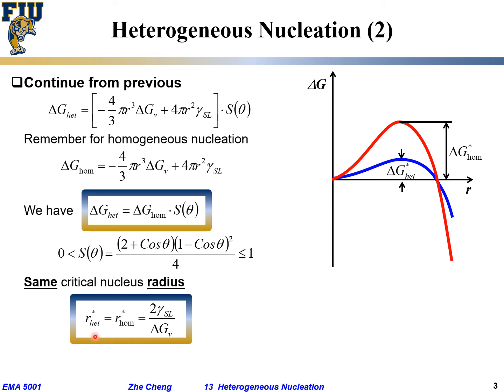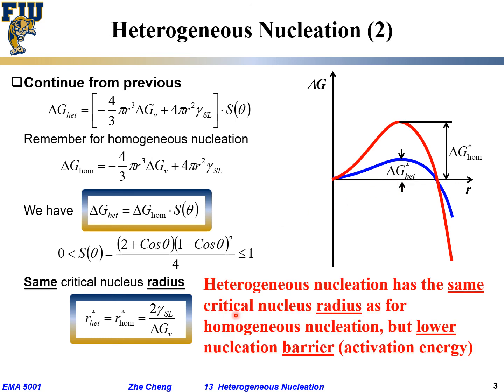The heterogeneous and the homogeneous would have exactly the same R star, which means the highest point would occur at exactly the same size, R star.